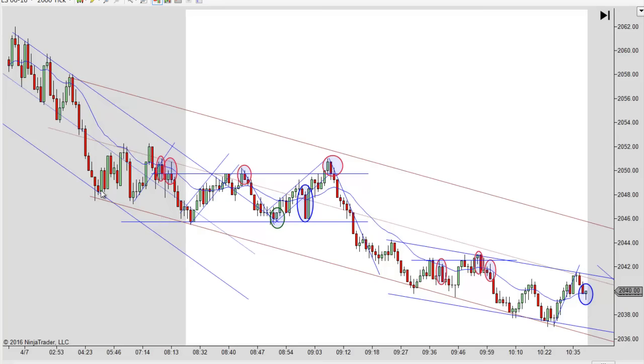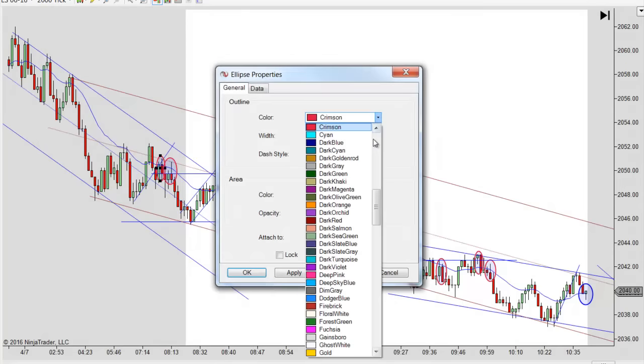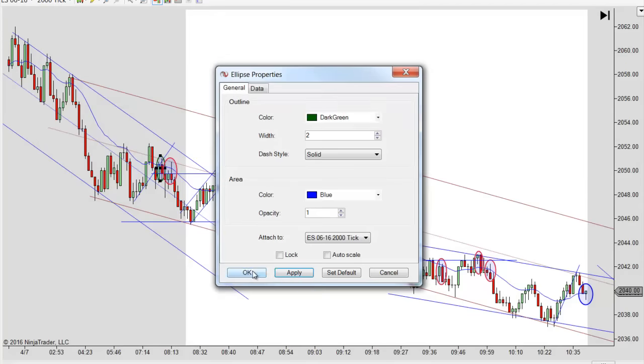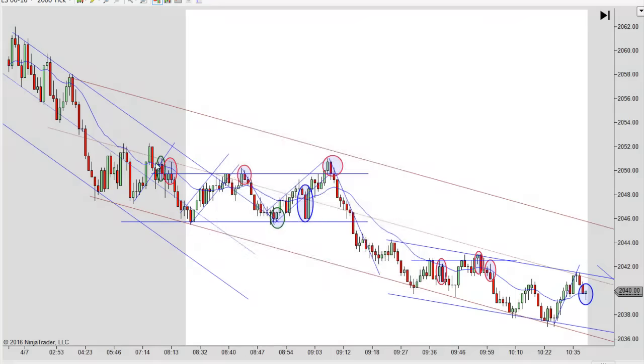Anyway, we're working down in this two-tiered channel here. We make a big move down. This one really should have been green right here. Forgot to change it. But I liked it because it broke higher, and there's some resistance. I don't really have the line on there, but it's a failed break higher, and then it couldn't even get back to that line.